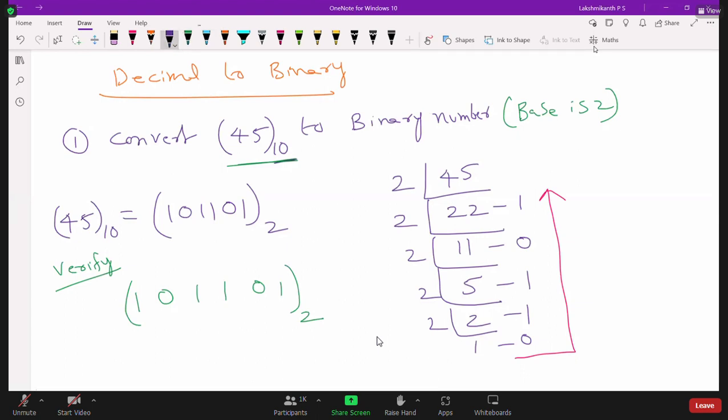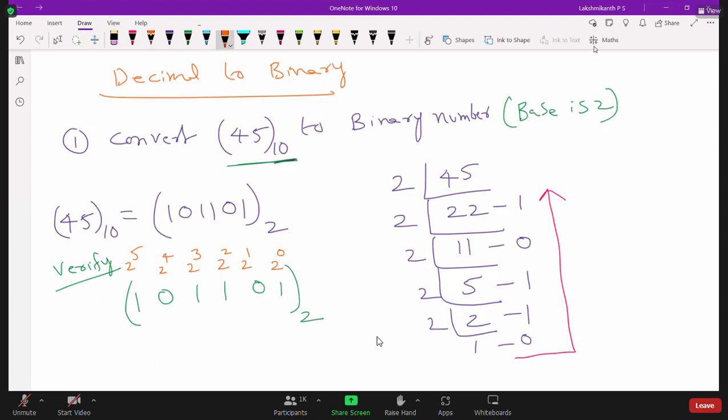Now since the base is 2, what are the place values? 2 power 0, 2 power 1, 2 power 2, 2 power 3, 2 power 4, 2 power 5.